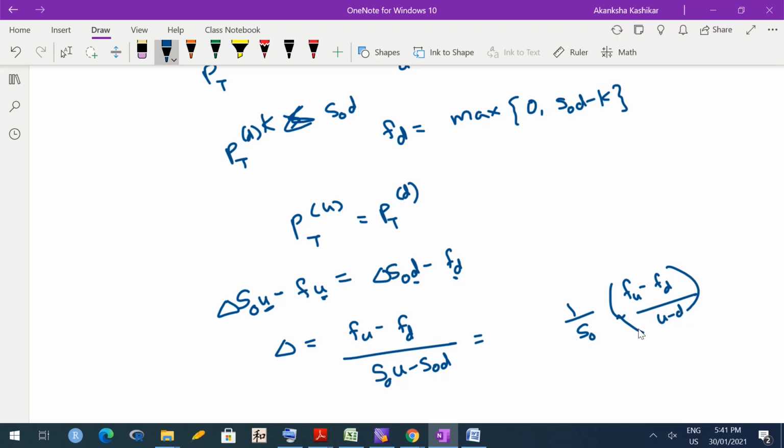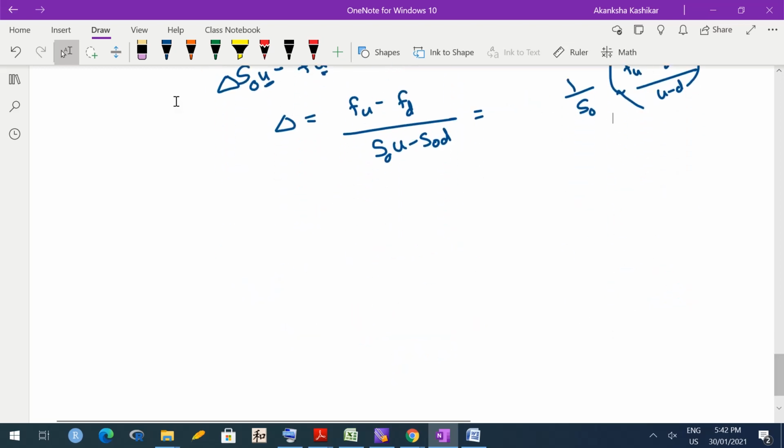So this is from the riskless portfolio. But of course we need to bring in the no arbitrage assumption also. If we want the portfolio to follow the no arbitrage assumption, then P0 e raised to RT should be equal to PT.